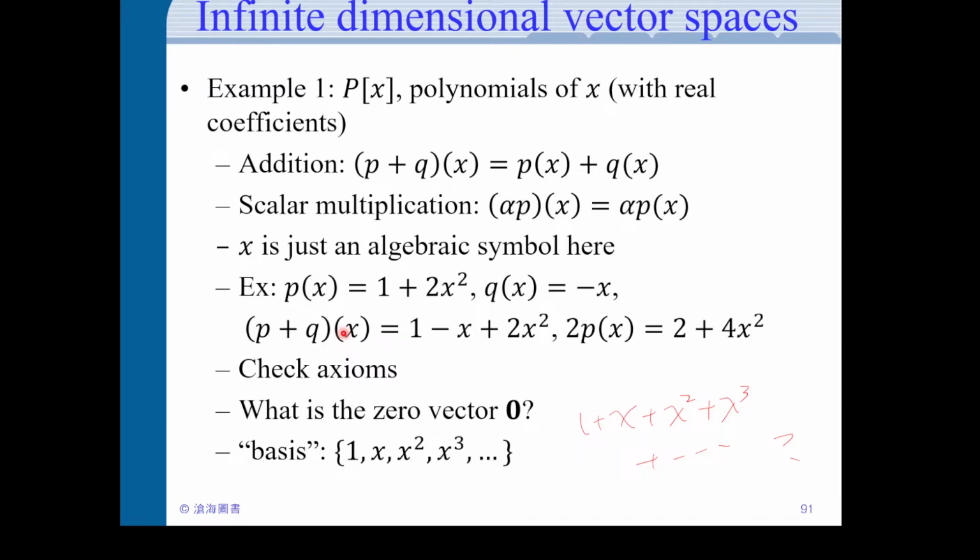Okay, so first is the vector space of polynomials. We can think about polynomials as a vector space. So we write polynomials of x as p of x. We still only talk about real vector spaces here, so let's think about polynomials with real coefficients.